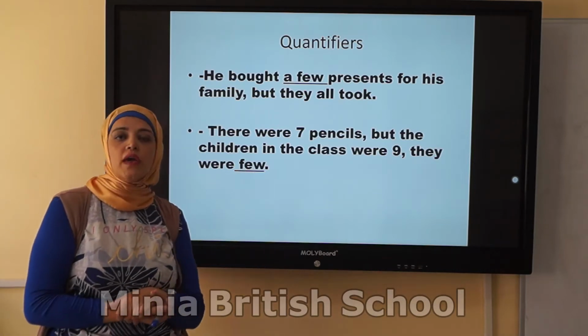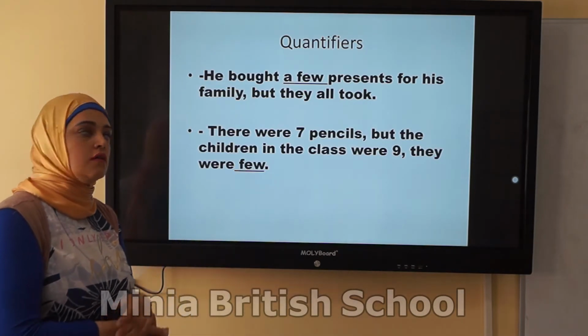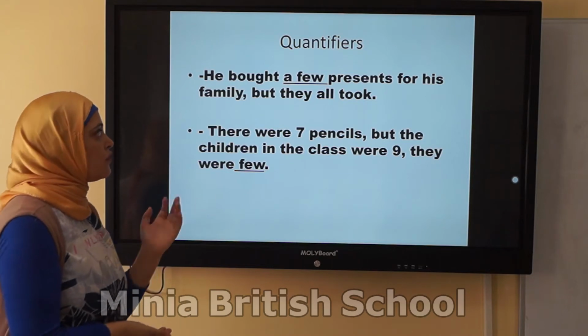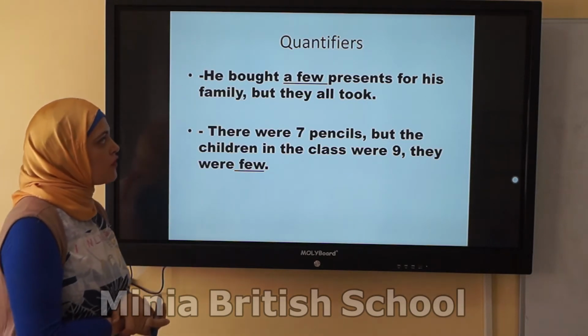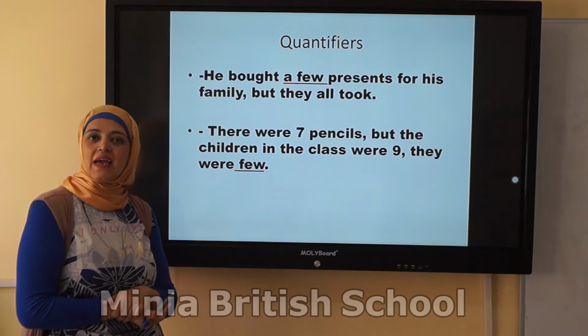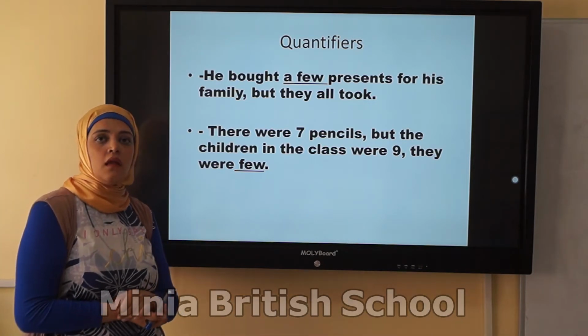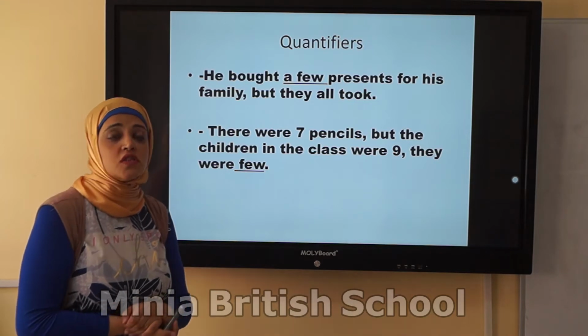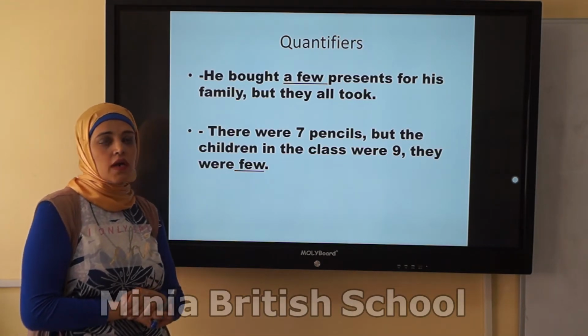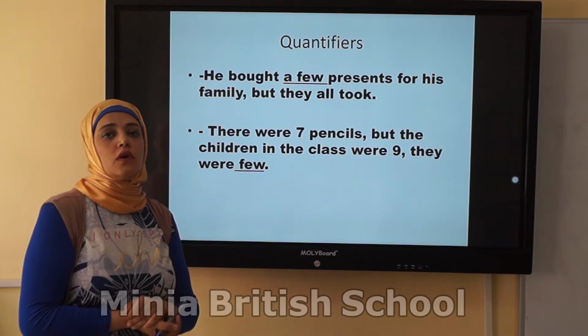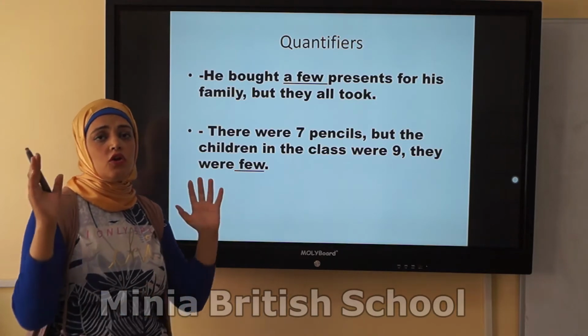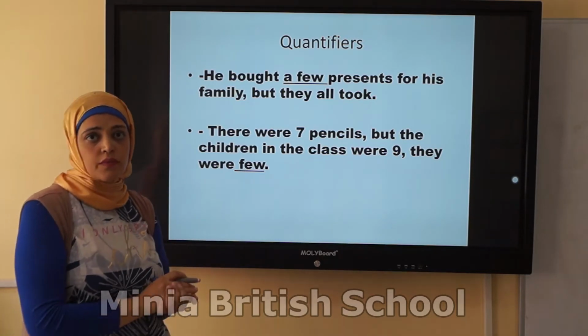Okay, of the other quantifiers, we can use few and a few. We used many, a lot of, loads of, several, and plenty of when we were talking about a large amount of something.